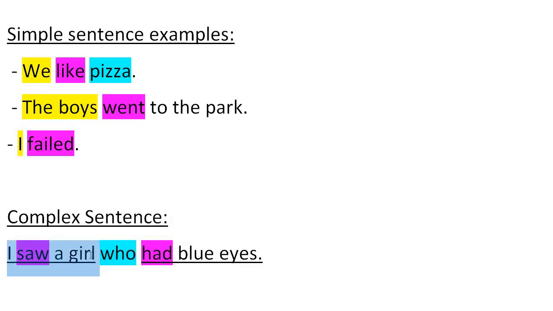Right, so "I saw a girl" is an independent clause because it works on its own. It's a sentence. But then "who had blue eyes" is your dependent clause because it doesn't work on its own as a sentence. Right, and then together they make your complex sentence. All right.